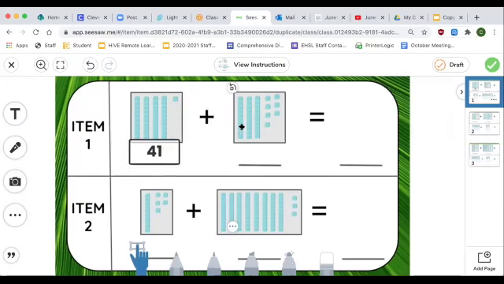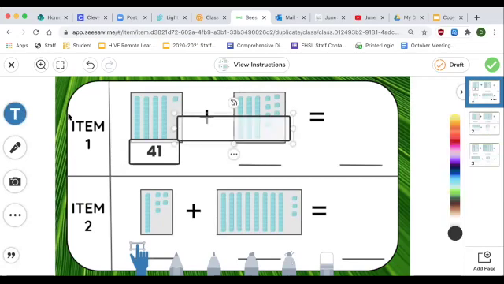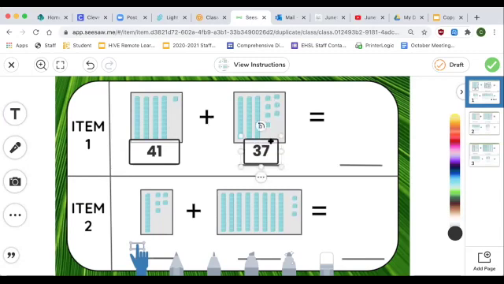And I have 3 10s and 1, 2, 3, 4, 5, 6, 7 1s. 3 10s and 7 1s, so that's not 347. That would be wrong. Check your own work, folks. Don't write 347. That is going to upset your adding.